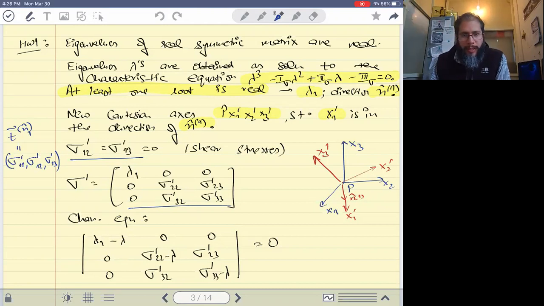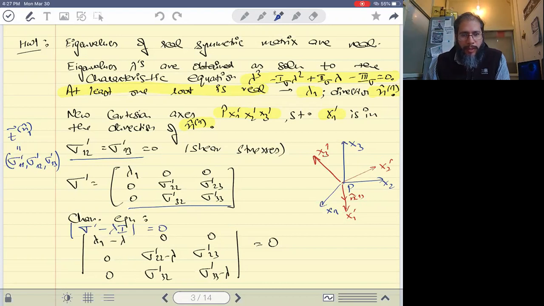Okay. So now we can write the characteristic equation in the sigma prime direction as well. So if I try to write the characteristic equation, that is nothing but the determinant of sigma prime minus lambda I is equal to 0.